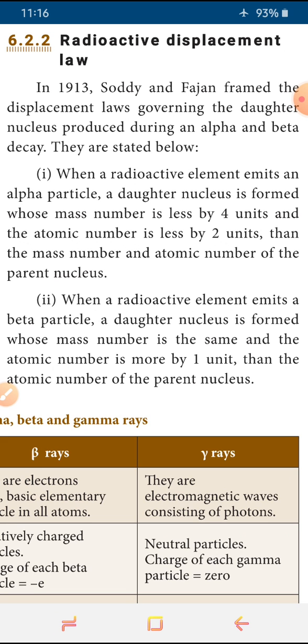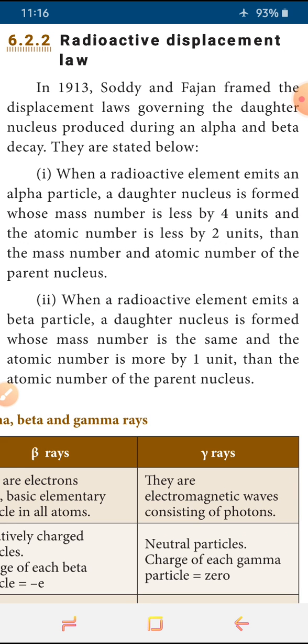In the year 1913, Soddy and Fajans framed displacement laws governing the daughter nucleus produced during alpha and beta decay. First point: when a radioactive element emits an alpha particle, a daughter nucleus is formed.